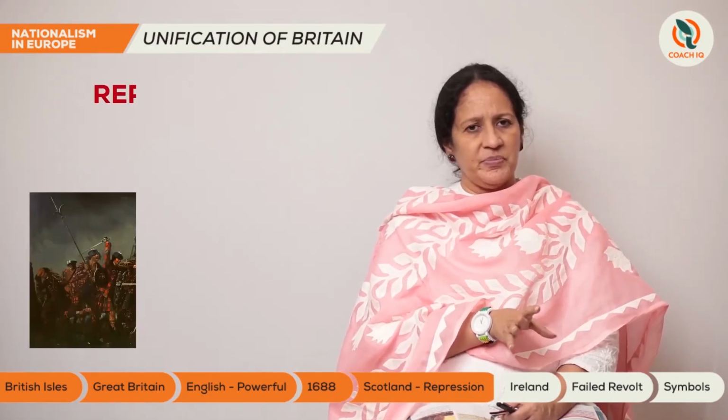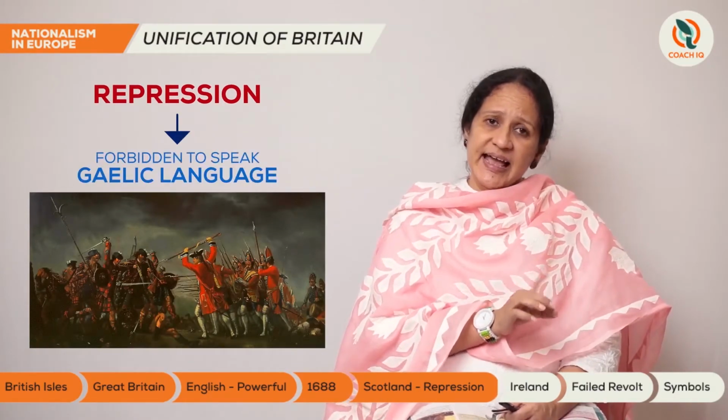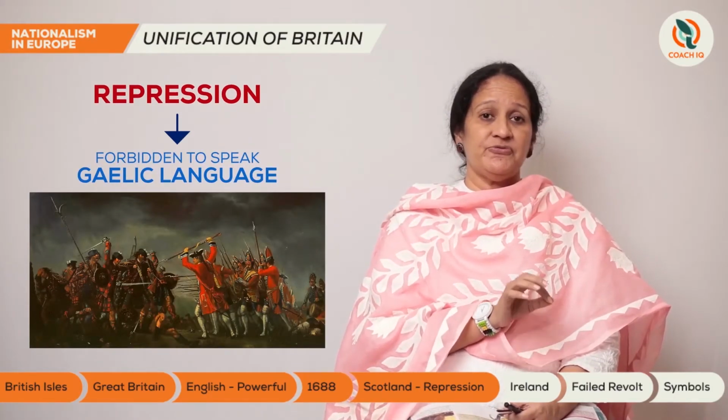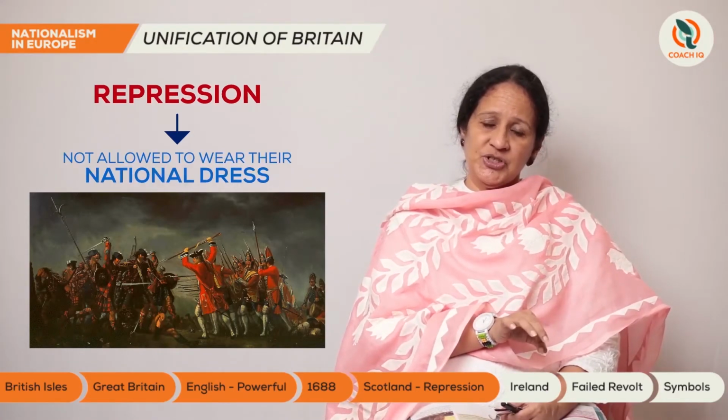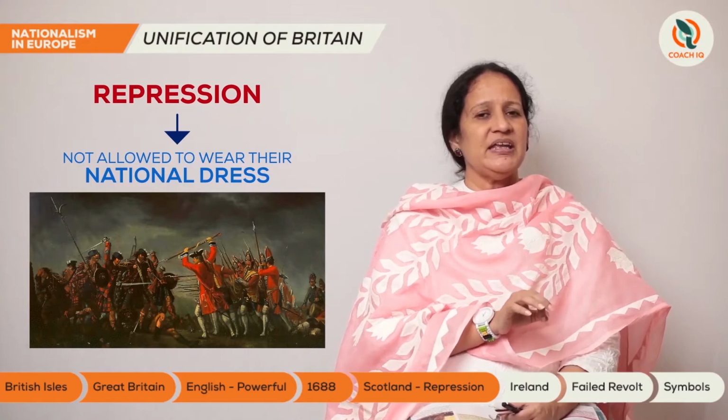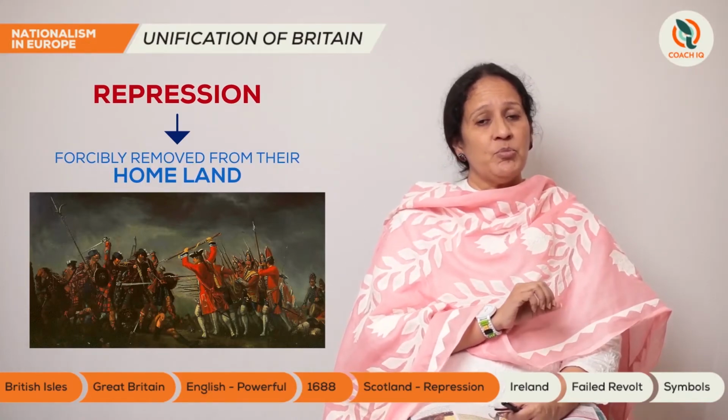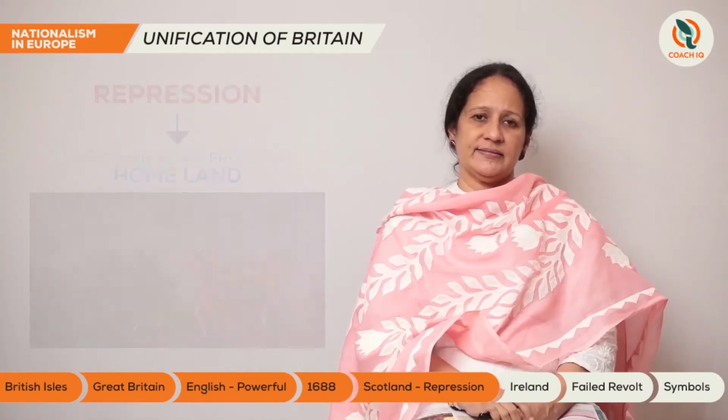So whenever the Catholic Highlanders who were staying in the Scottish Islands asserted their independence, they suffered a lot of repression. The Gaelic language could not be spoken by them. They were forbidden to speak Gaelic language. They could not wear their national dress, and many were forcibly removed from their homeland.